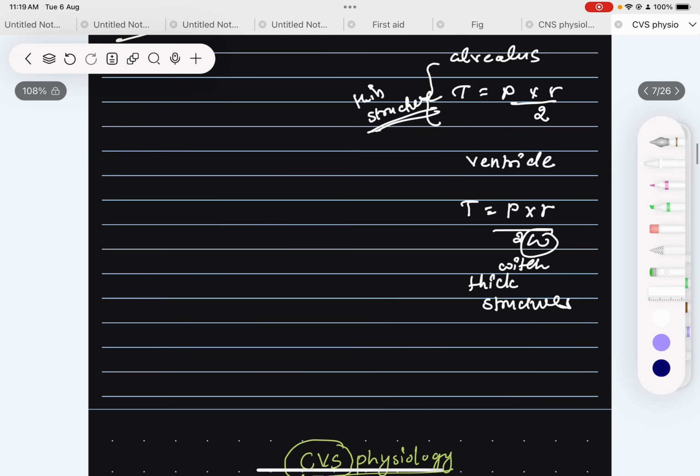So if the distending pressure in the ventricle increases, then the width also has to increase. So there will be concentric hypertrophy seen.